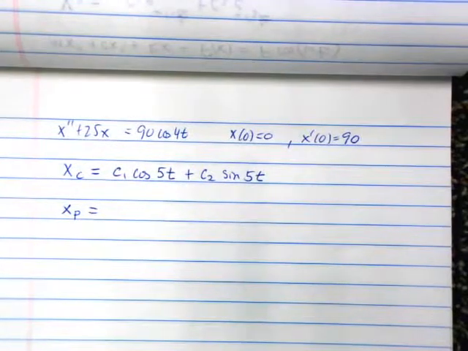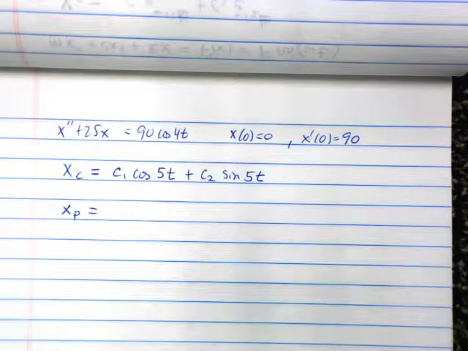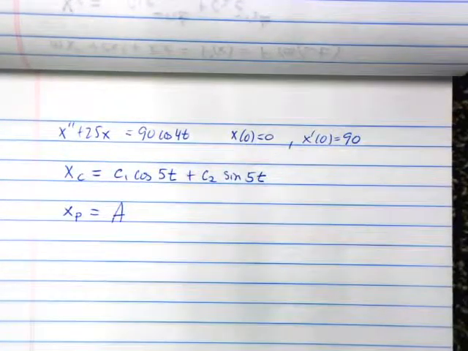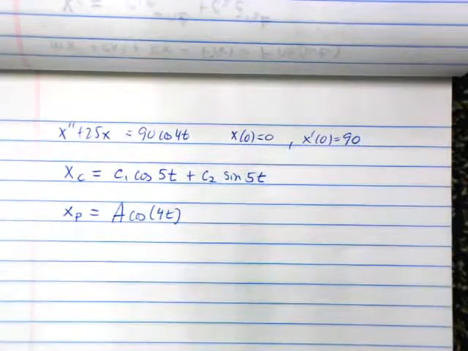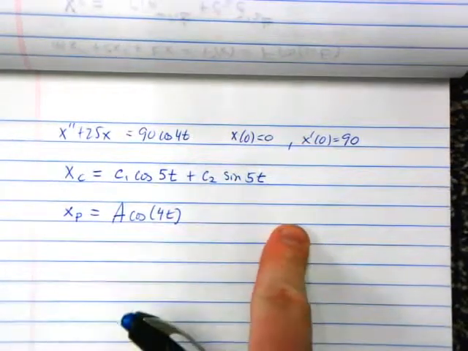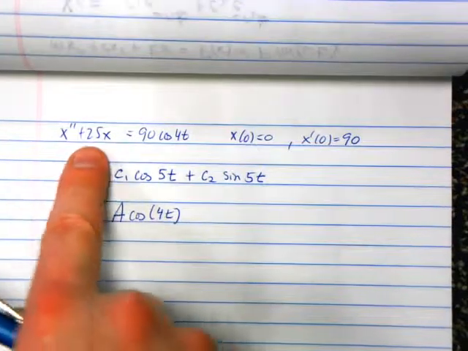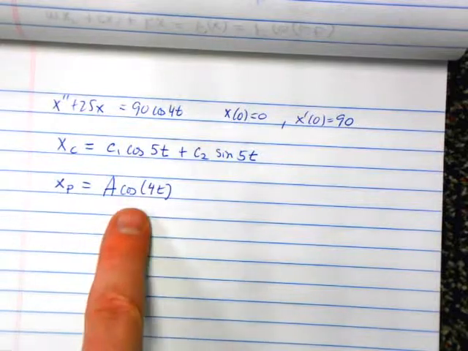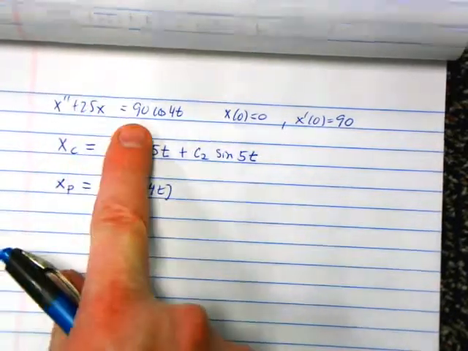What's your particular solution going to look like? A cosine 4t. Do I need a B sine 4t? No, not for this one. Why not? Because there's no x prime there. But what I do need to do is take the derivative twice, plug in, and figure out the A number.